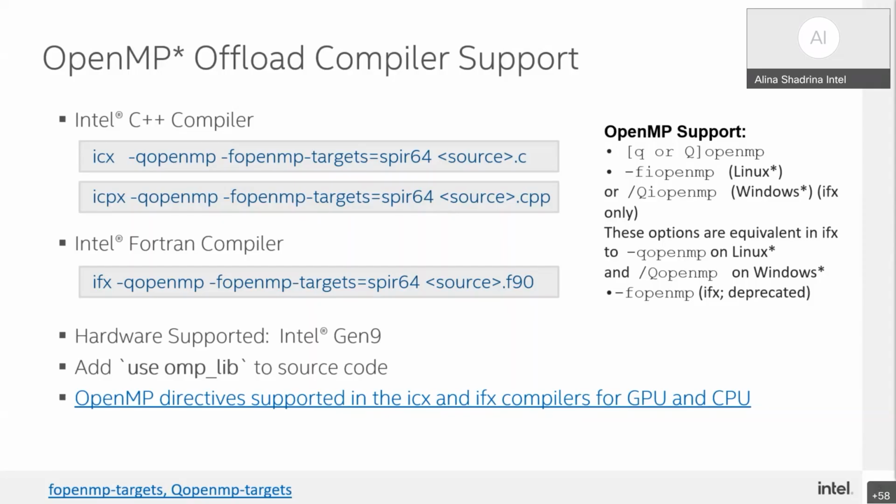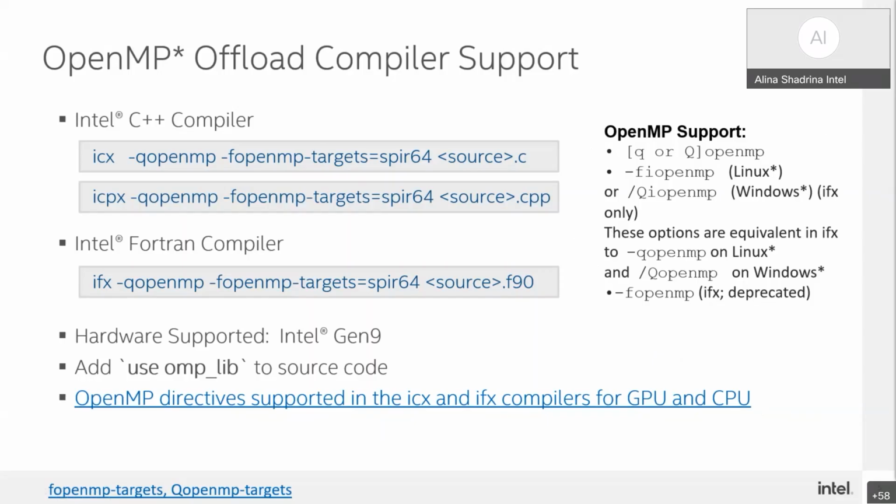This means that the compiler generates x86 and this SPIR64 fat binary for GPU devices. I must emphasize here that you cannot use -fopenmp-targets without -Qopenmp or its equivalents. Here, right on the slide, you see all these equivalents.